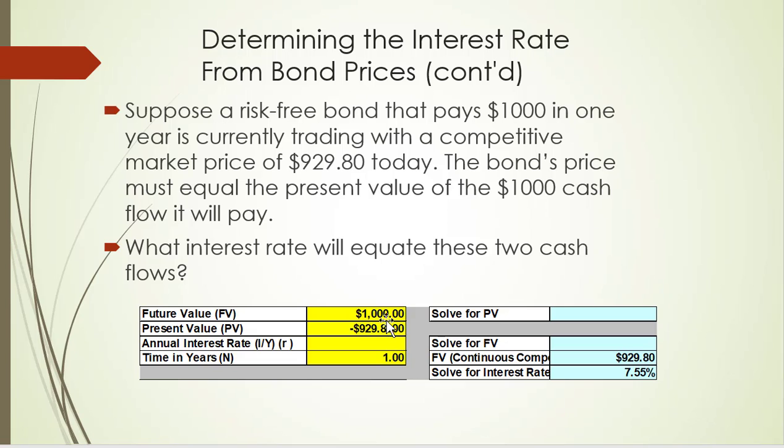If we look at this $1,000 present value, there's the price for 1 year. The interest rate, the return, is 7.55%. So we are saying that this particular asset, the risk-free rate of return, is this 7.55% return.